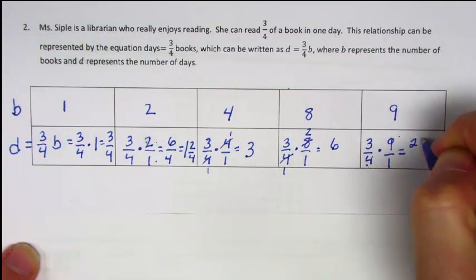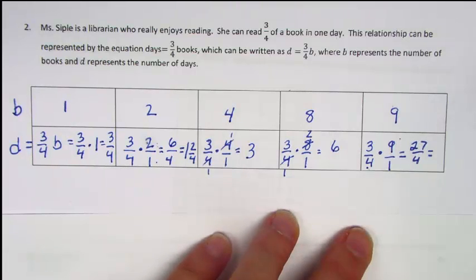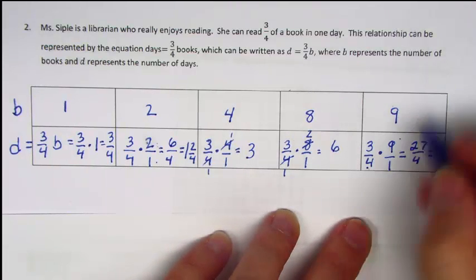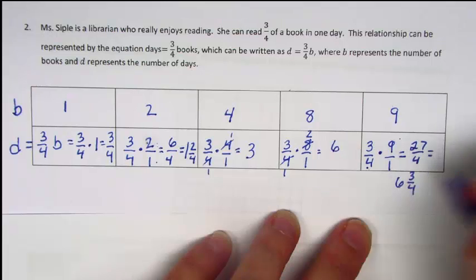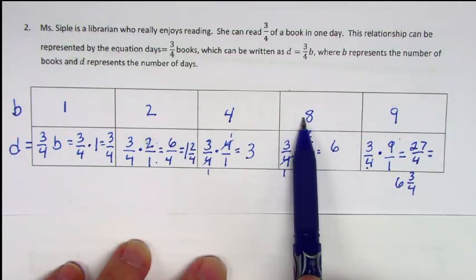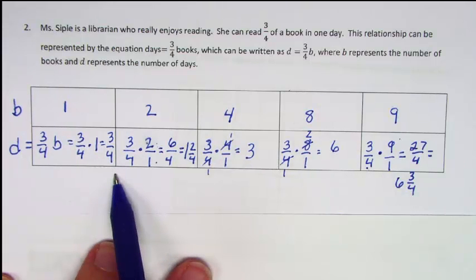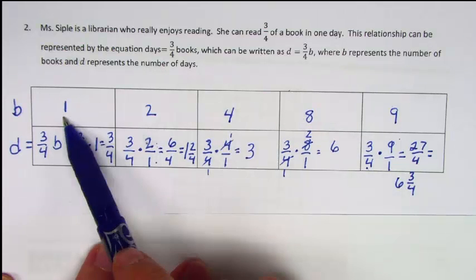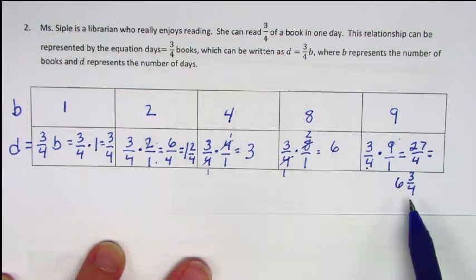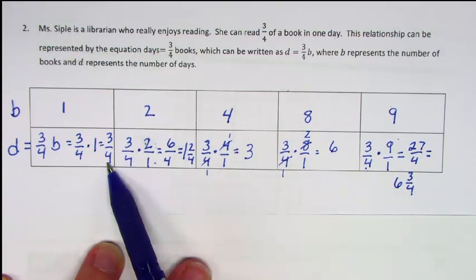I'll end up with 27/4, which is equivalent to 6 3/4, which makes sense because 8 books was 6 days and 1 book was 3/4 of a day. 9 books is 8 books plus 1 book, so the number of days should be 6 days plus 3/4 of a day.